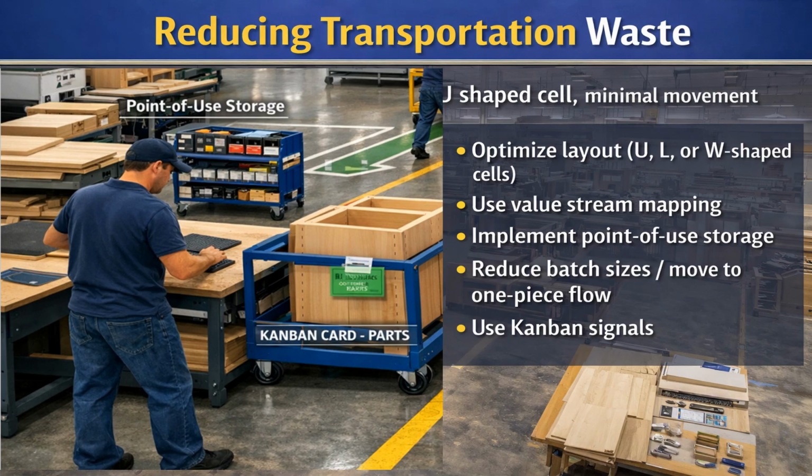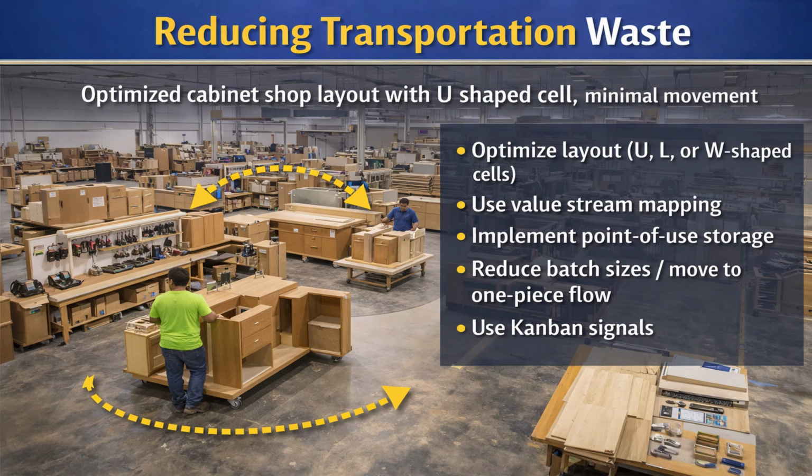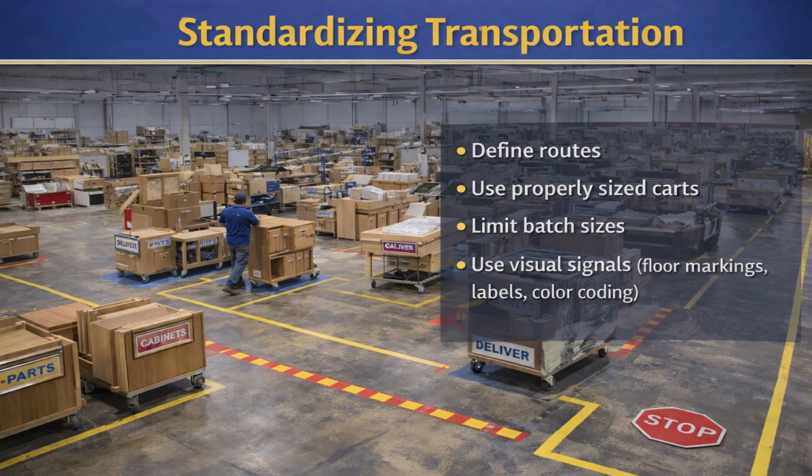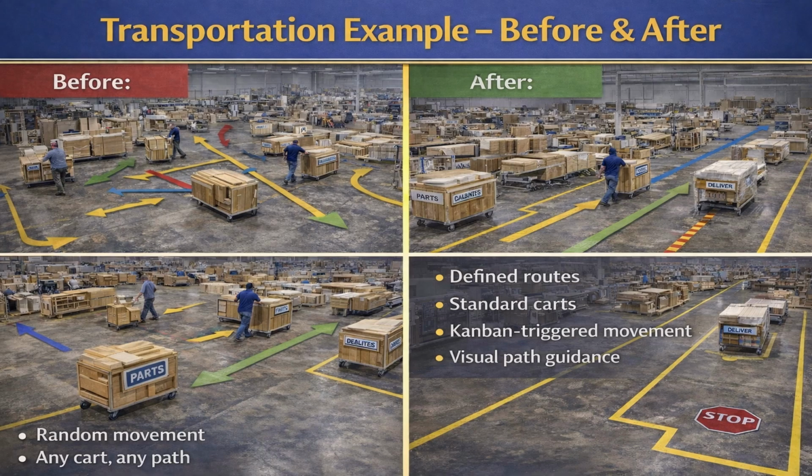Implement point-of-use storage. Keep materials close to where they are used whenever possible, and only store what is absolutely necessary. Use flow-based production. Reduce batch sizes and move toward one-piece flow using Kanban to tell when to move products, who, and when.